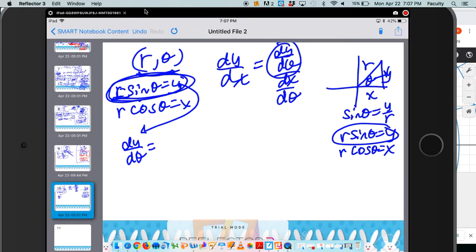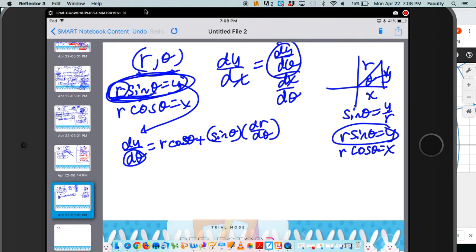I'm going to use the product rule, and it's with respect to theta. So I'm going to say first times derivative of the second. The derivative of sine theta is cosine theta. And then I'm going to say plus the second, which is sine theta, and the derivative of r, which is dr d theta.